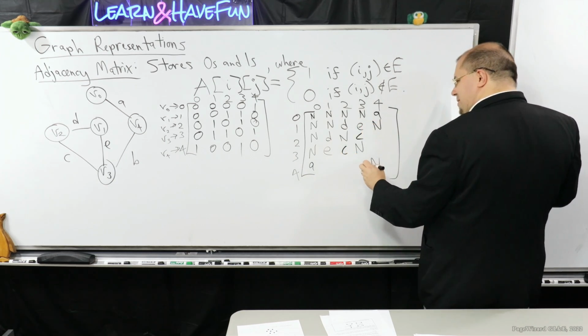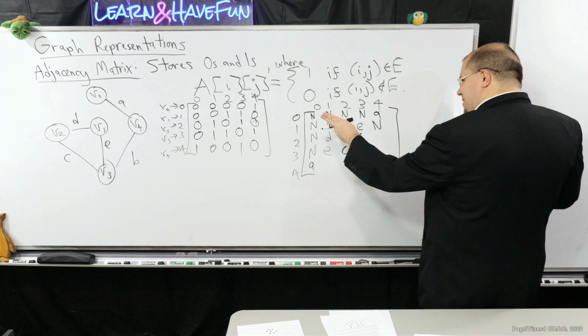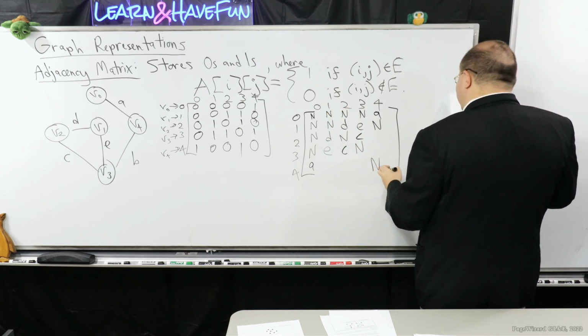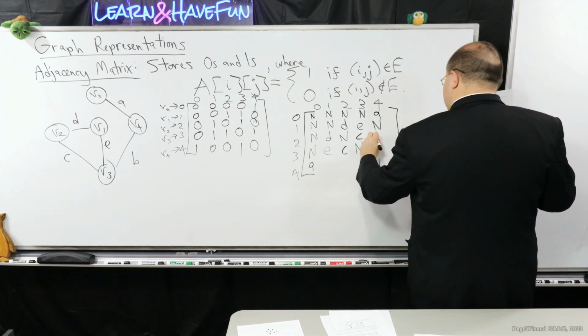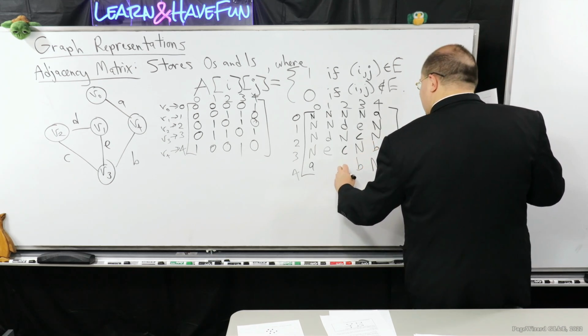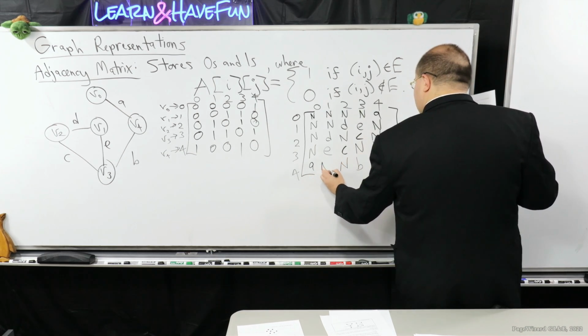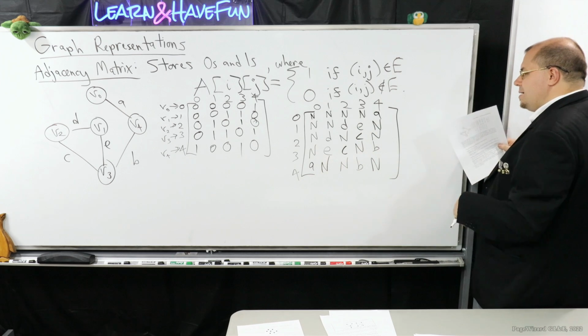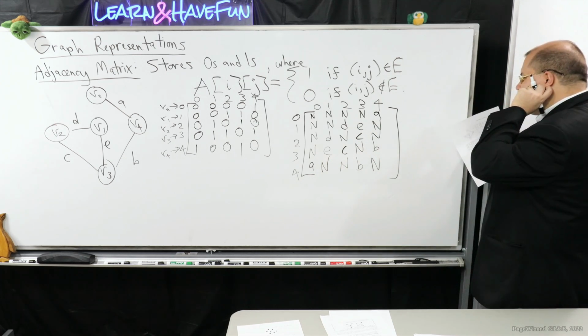By the way, as I'm filling this in, do you see anything interesting going on with that matrix over there, if you've learned a bit about matrices? N, I have a B, I have a B, I have an N, and an N. Is there anything interesting going on here, by the way?